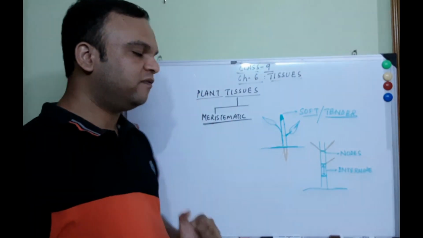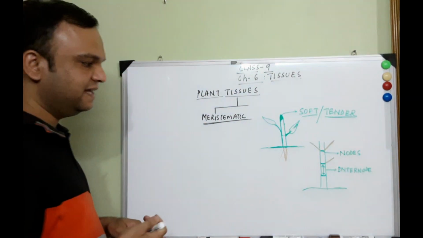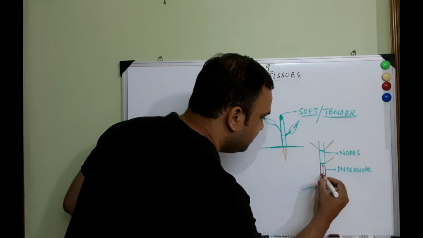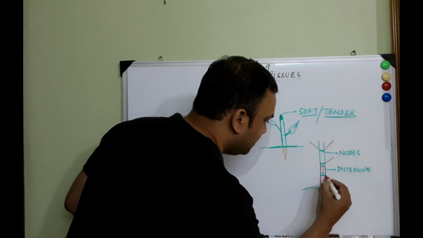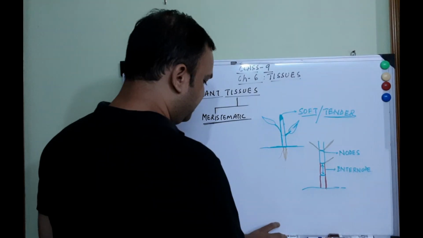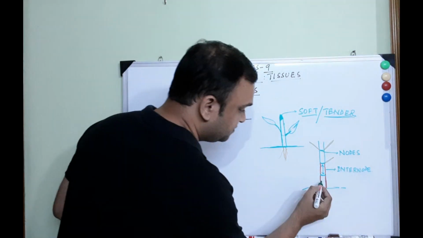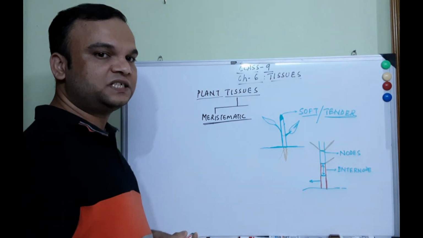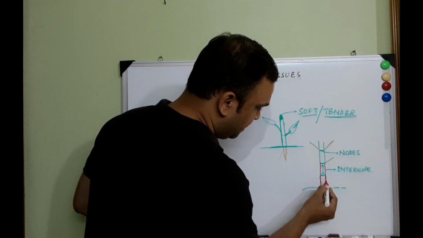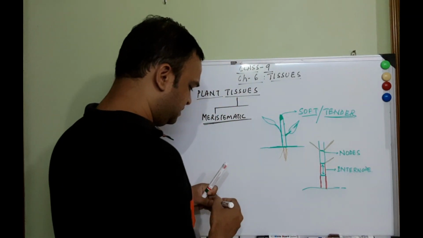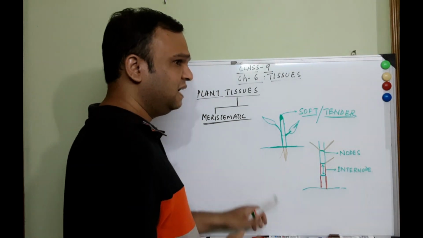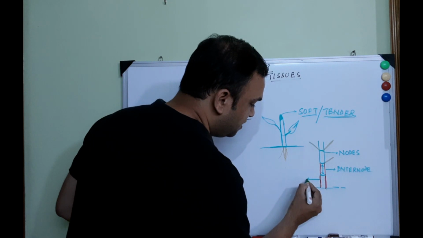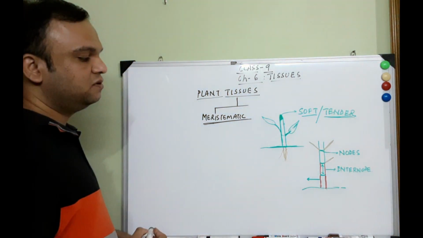There is another type of meristematic tissue. As you see, stems or plants gradually become woody and thick. These are the regions from where the third type of meristematic tissue arises. These regions are called lateral zones or lateral regions, which increase the thickness of the stem, and from here the third type of meristematic tissue grows.